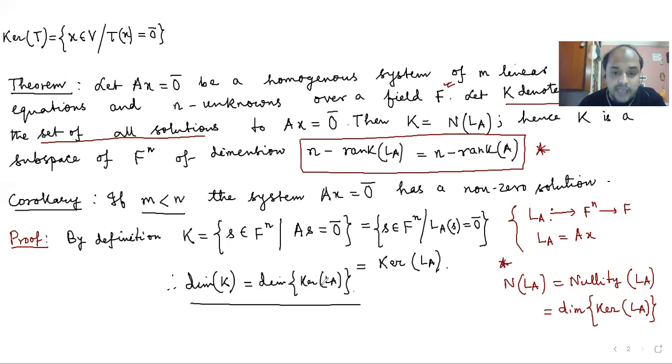Dimension of K, which is dimension of kernel of LA. Dimension of kernel of LA is actually nullity of LA, and we can call it as N of LA.